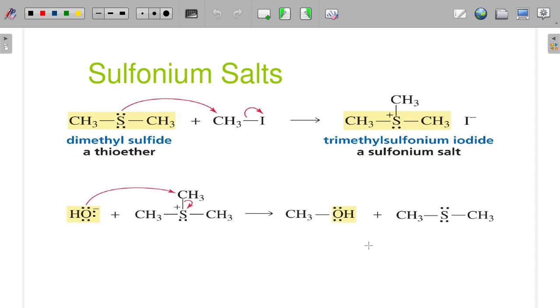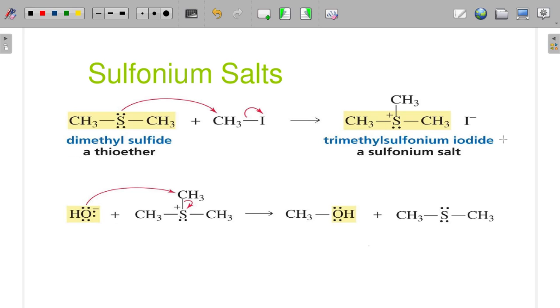We will also find that we can make sulfonium salts kind of like our quaternary ammonium salts. So we can actually react CH3I, for instance, with a thioether, and we actually can add another CH3 on there and make a charged species. And this is actually stable enough that it will combine with the iodine, and you can make sulfonium salts as nice little solids to move away.